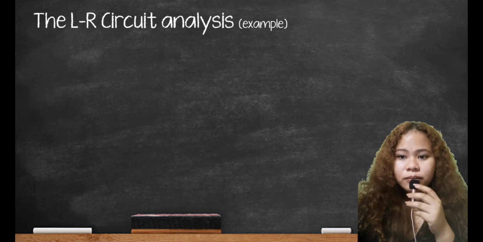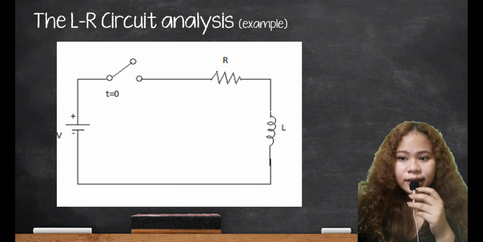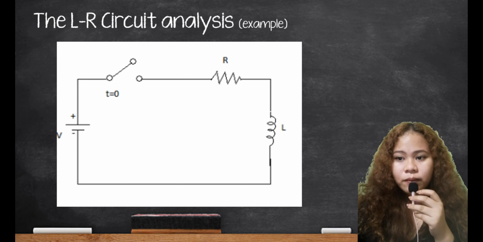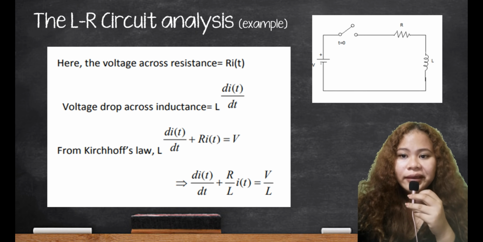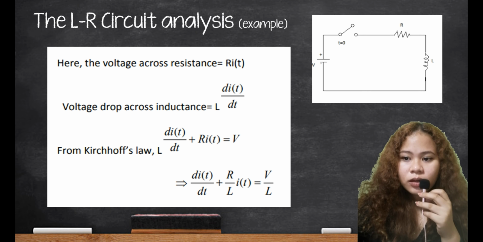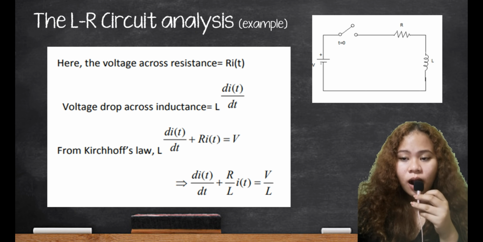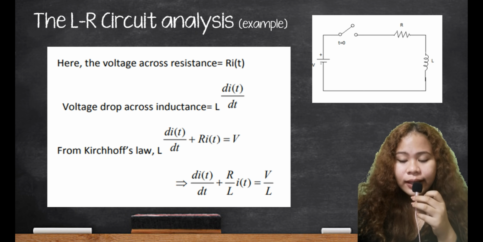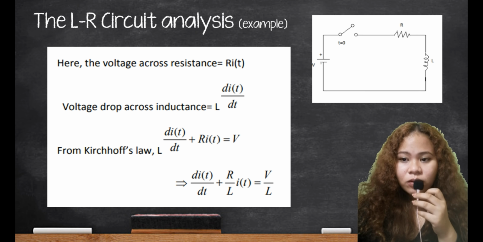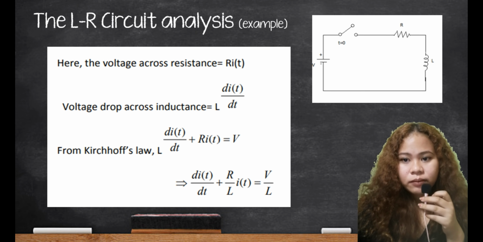The LR circuit analysis. In this diagram, the switch S is closed at time t is equal to 0. We must find the current, the voltage across the resistor, and the inductor. Here, the voltage across resistance is equal to R i(t). Voltage drop across inductance is equal to L times di(t) all over dt.